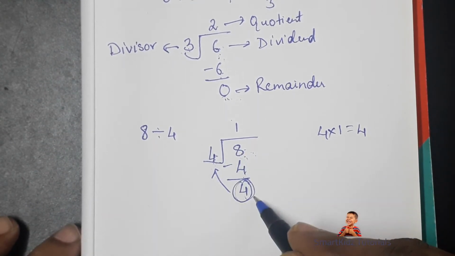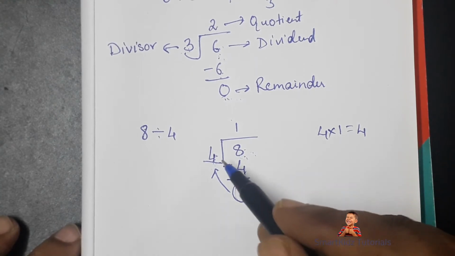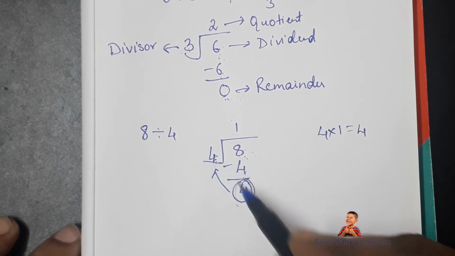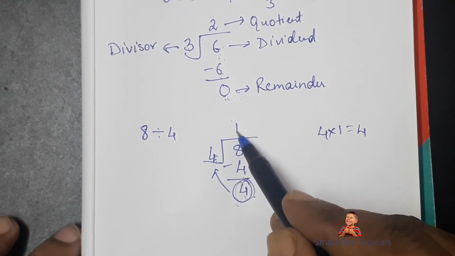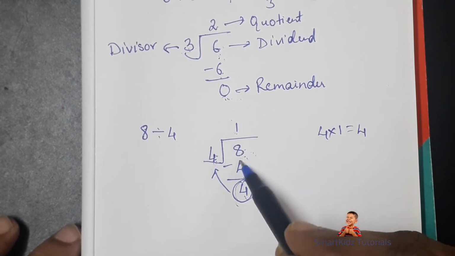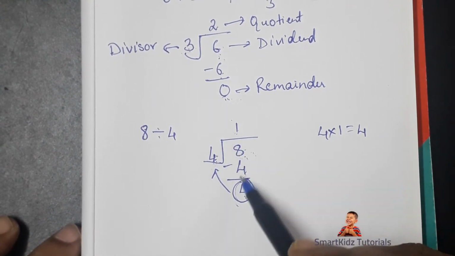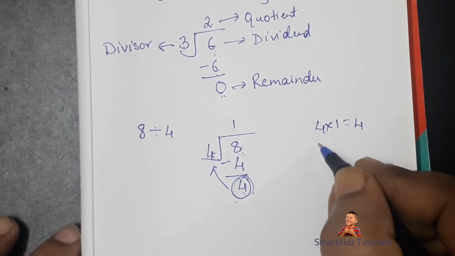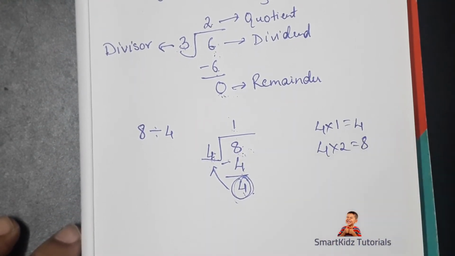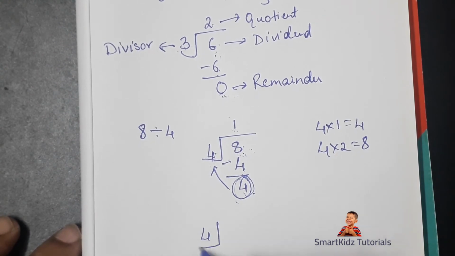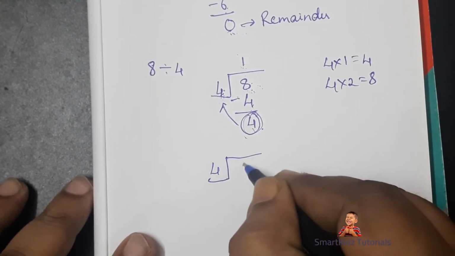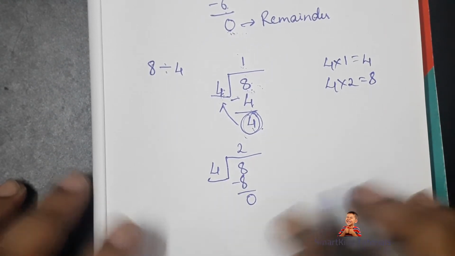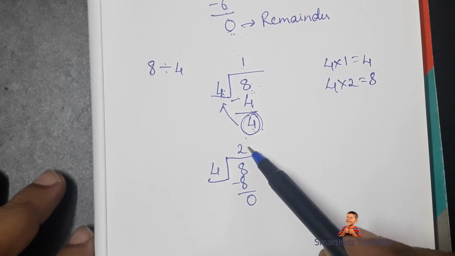So if the remainder is greater than or equal to the divisor, that means we need to try a greater number. That means we need to check with a slightly bigger number to see if it is divisible. Now 4 into 2, let's check. 4 into 2 gives us 8. So that's an exact match. 4 into 2 will give us 8, and we are left with no remainder. In such a case, the division stops, and this is our answer.